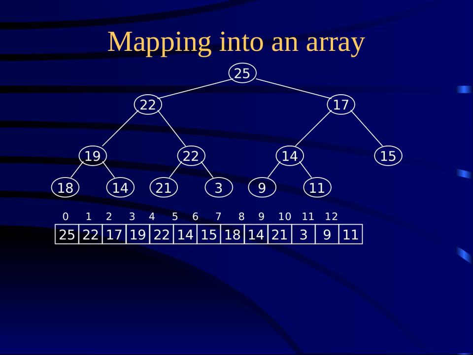If I'm at 11, which is 12, wow, that's hard to see. You said 12 minus 1, which would be 11, divided by 2, which would be 5, which is the 14. Great. If I'm at 9, you're saying 11 minus 1, which is 10, divided by 2, index 5, which is the 14. So yeah, that's actually what's going on. You want to subtract 1 first, and then divide by 2. Okay?